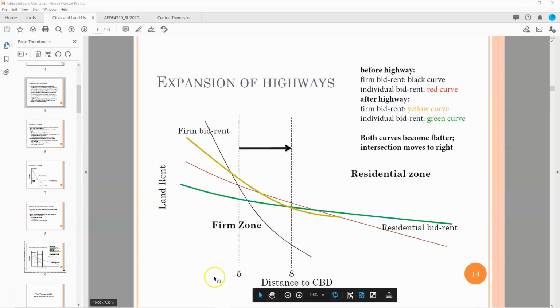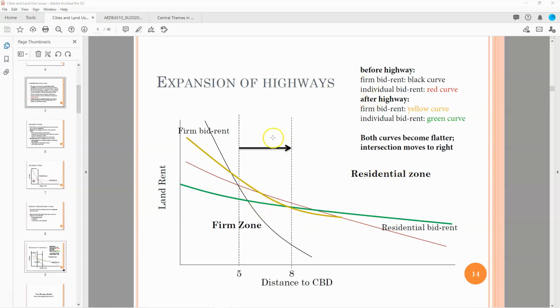So in this area only firms would exist, and in the area on the right of the intersection mostly households would exist. Why? Because households are willing to pay more than firms for this area. So that is the explanation of the firm zone and the residential zone.